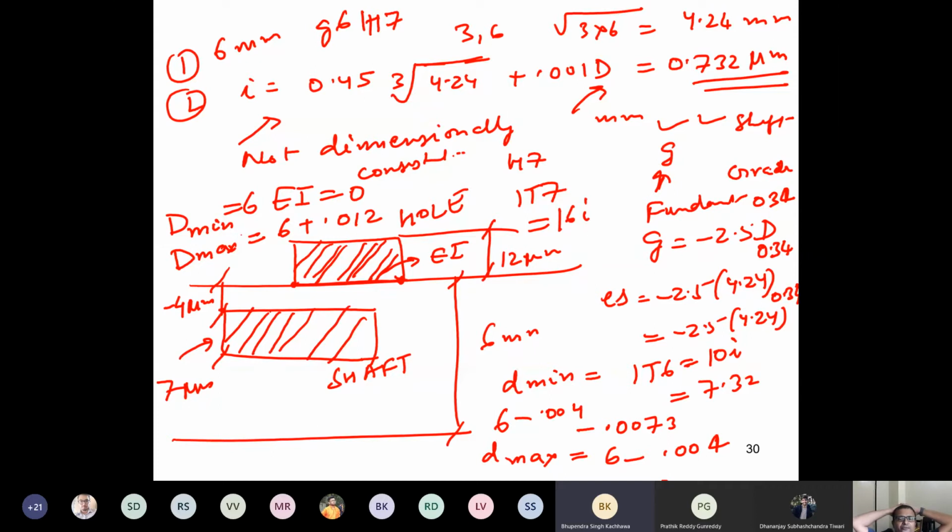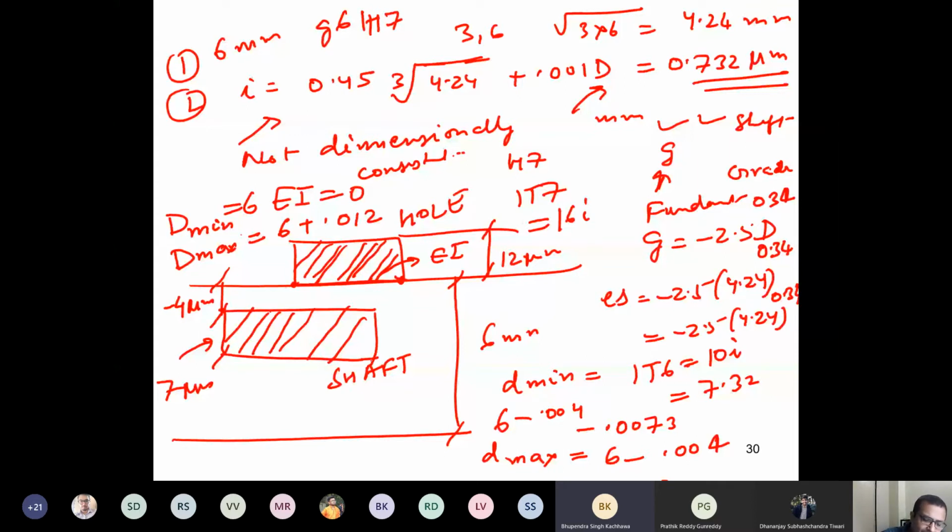Any ideas? What kind of fit will this be? The maximum diameter of the shaft is smaller than the minimum diameter of the hole. So in any combination, yeah, very good. It is a clearance fit.